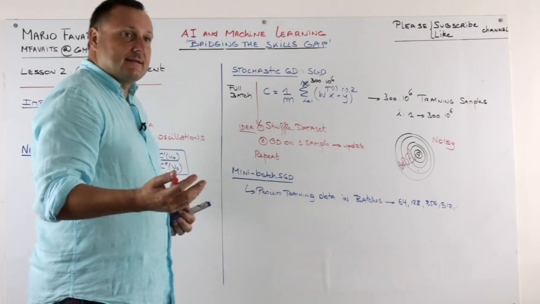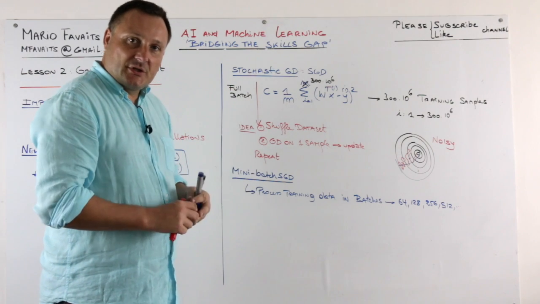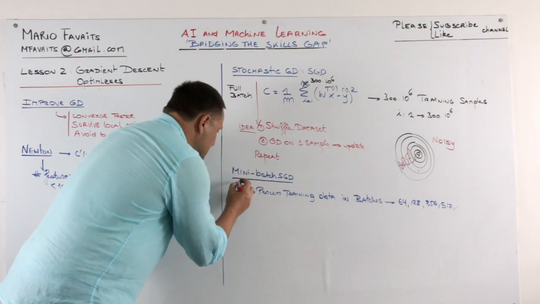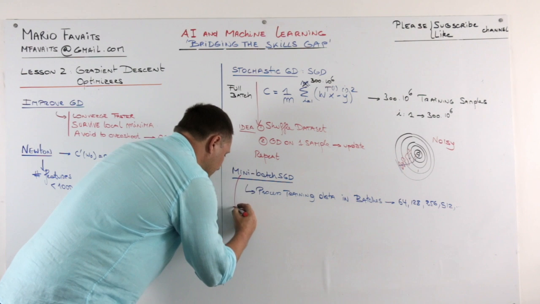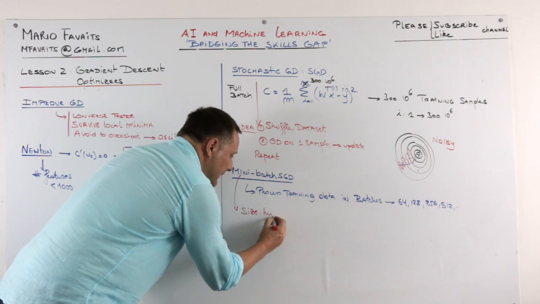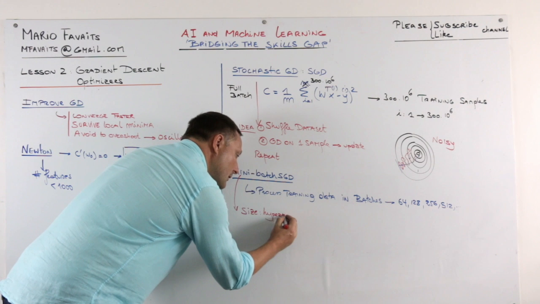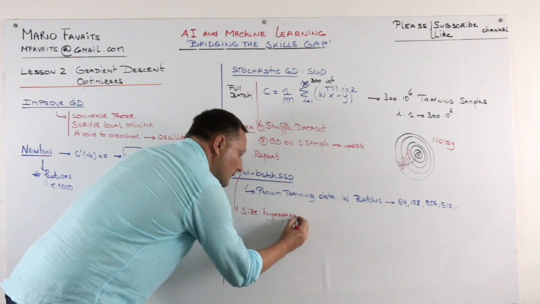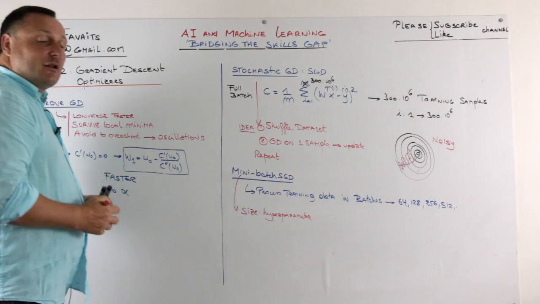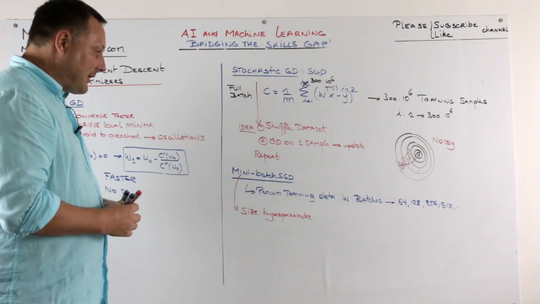You as a data scientist will need to choose the size of your mini batch. So the size of the mini batch is what we call again a hyperparameter. Like alpha, the learning rate is a hyperparameter.